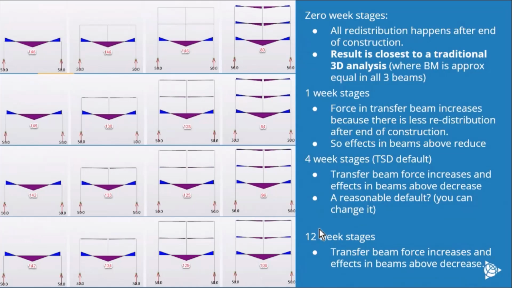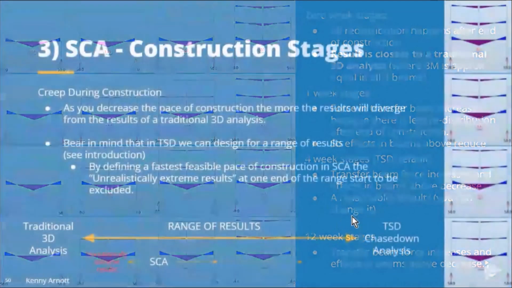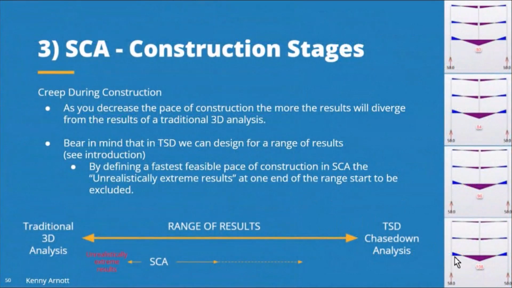So you can see from this, just concentrating on those design stages, as you decrease the pace of construction, the more the results will diverge from the results of a traditional 3D analysis. So we're going from 80 up to 108 here.